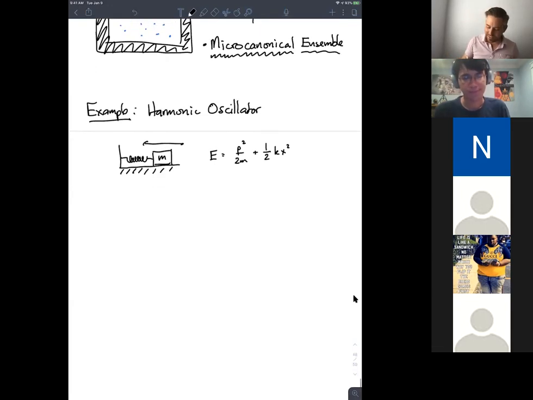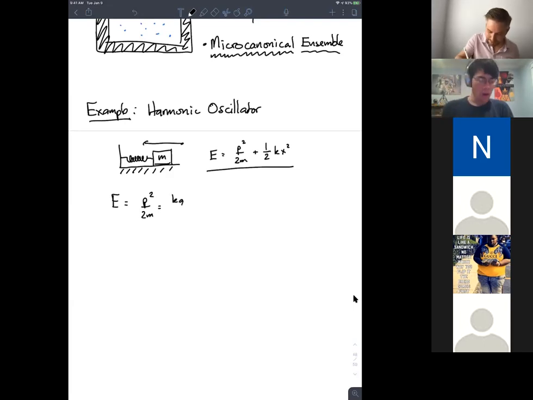All right, so this is the energy of a harmonic oscillator. And again, this is in Cartesian one-dimensional coordinates. In generalized coordinates, I would write this like this. It's essentially exactly the same thing: p squared over 2m plus k q squared over 2.